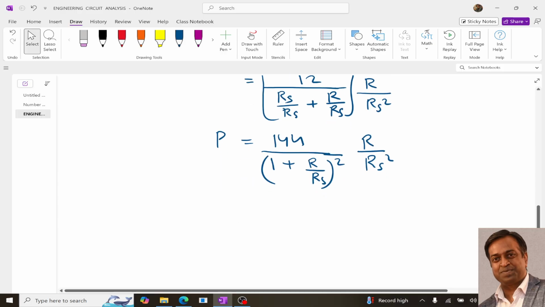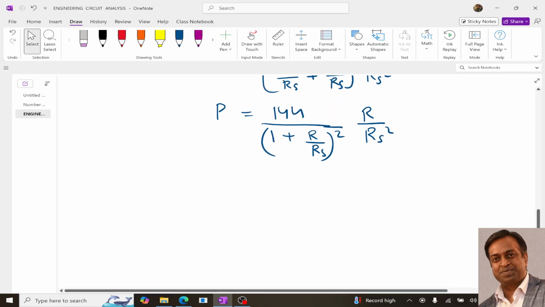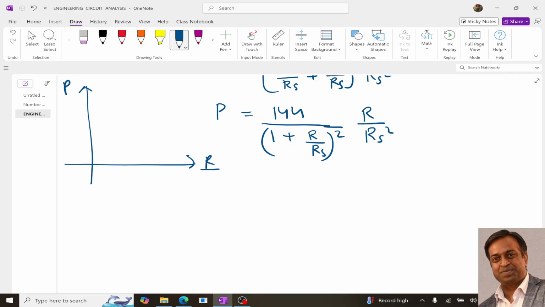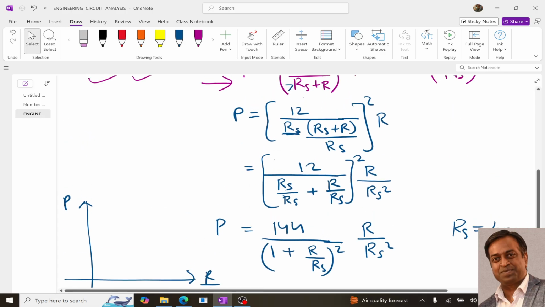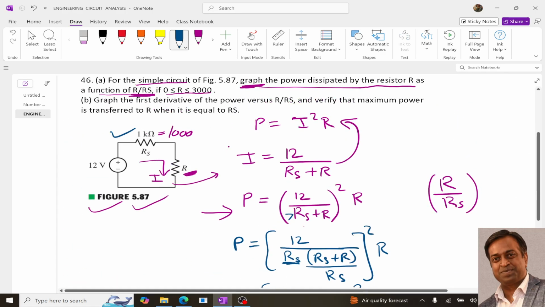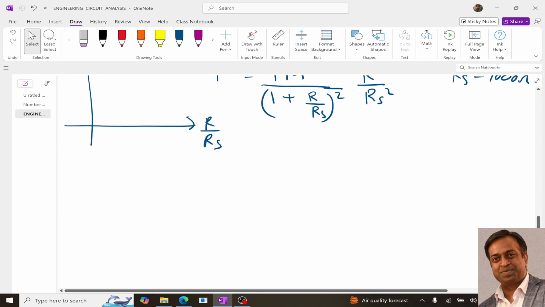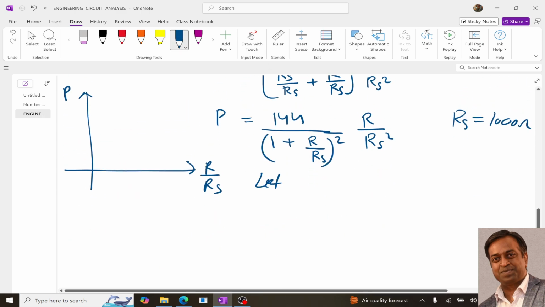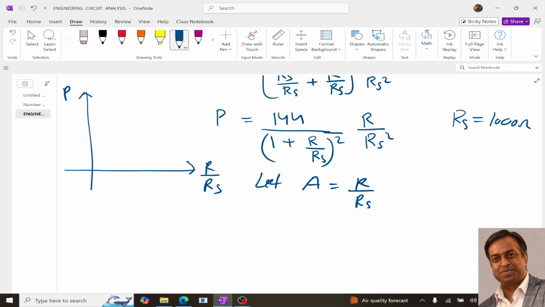Now since we need to plot a graph between P and R by RS, and we know that the value of RS is 1000 ohm, which is given in the question, we can let R by RS be A. Let A is equal to R by RS.